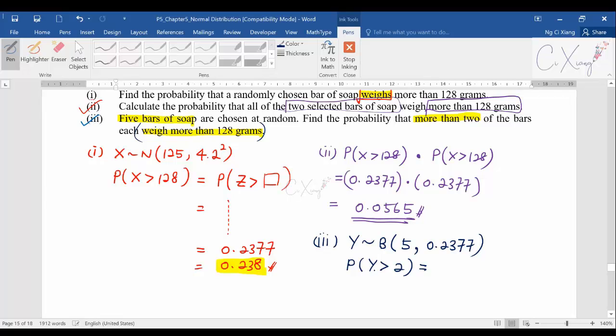More than 2 means starting from 3: 3, 4, and 5. Y equals 3, Y equals 4, Y equals 5. By using binomial, for this question you don't need to change it to normal. I will not show you the steps; you go and complete it yourself. This answer should be 0.0910.